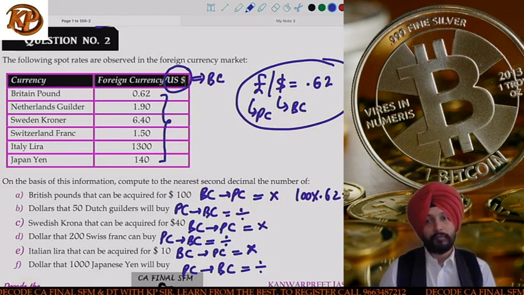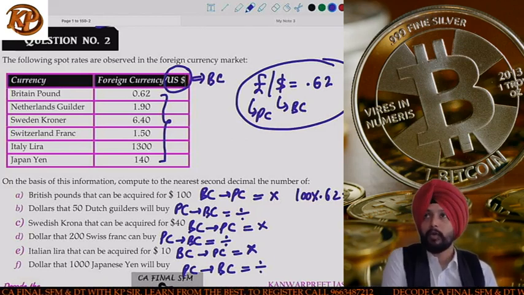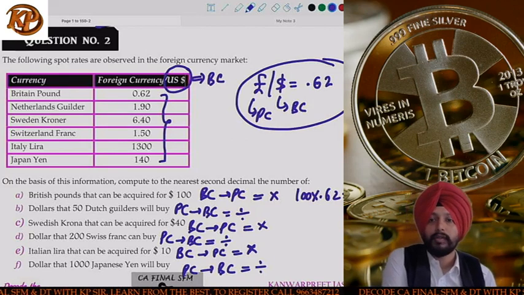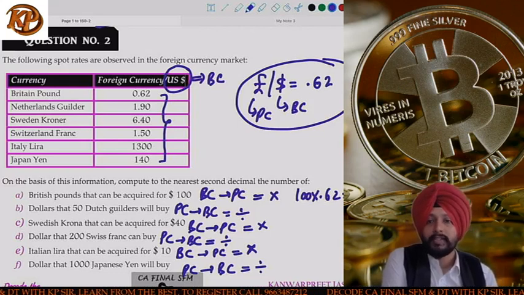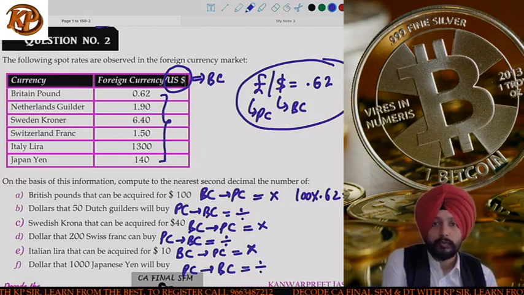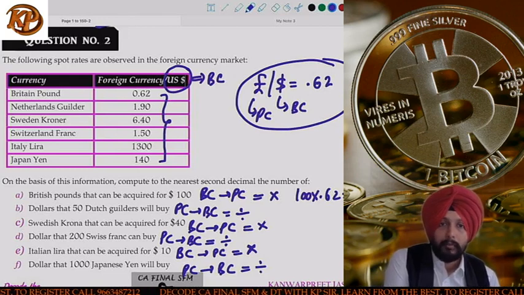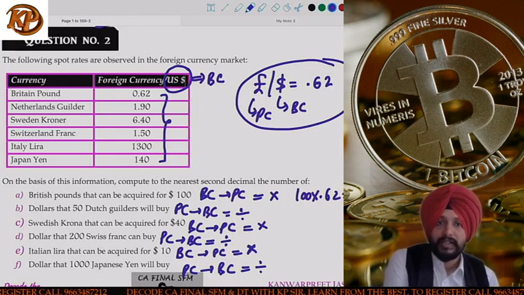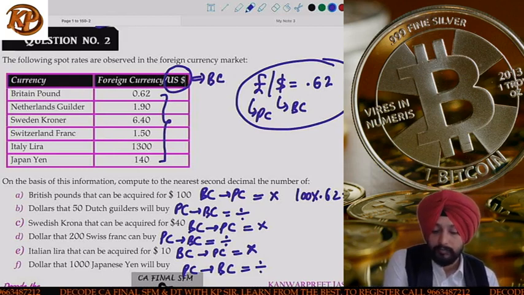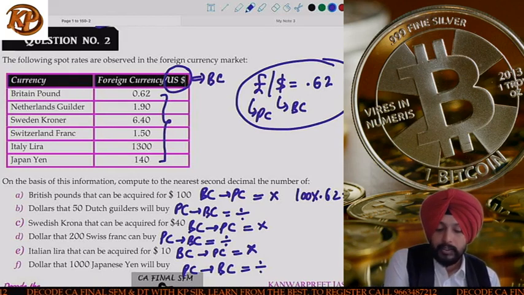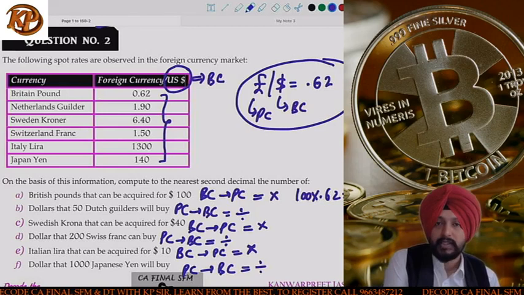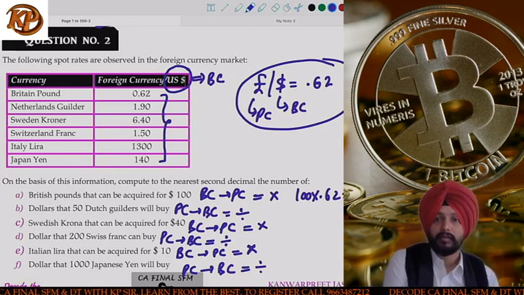Hence for remaining quotations too, base currency is in the denominator.